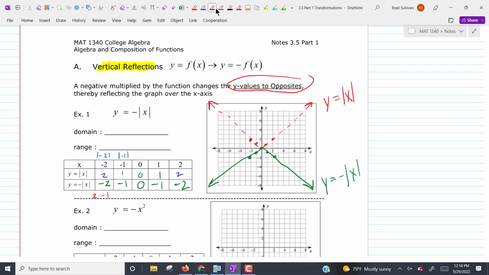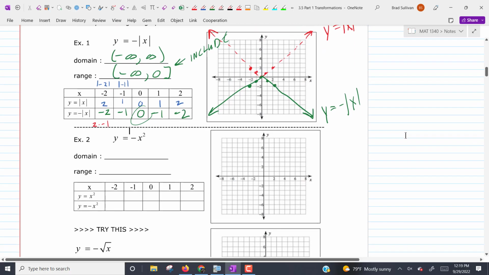Remember, when you're doing range, you're talking about y values. So write down your domain is this. Your range is negative infinity to 0 with a bracket. The reason it's a bracket is because it's included. There is a point when y becomes 0, like that, okay? So that's how all of these things are going to go, all right?